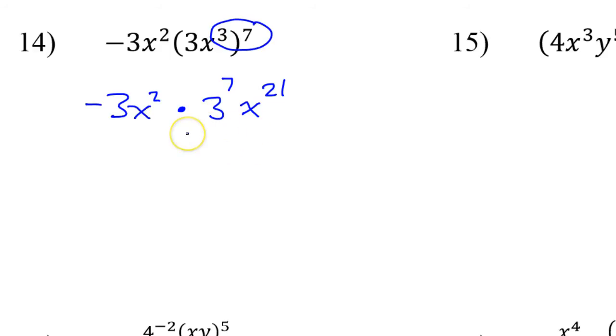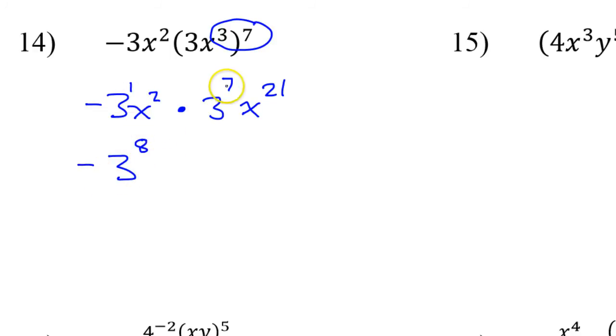Now we need to multiply this together. Now it might help you to think about this as 3 to the 1 power for what I'm about to do. This negative sign is just going to stay out front. It's sort of like a negative 1 that does not get involved in this. But anyway, I'm not going to put the 1. So if I have 3 times 3 to the 7th power, that is 3 to the 8th power.